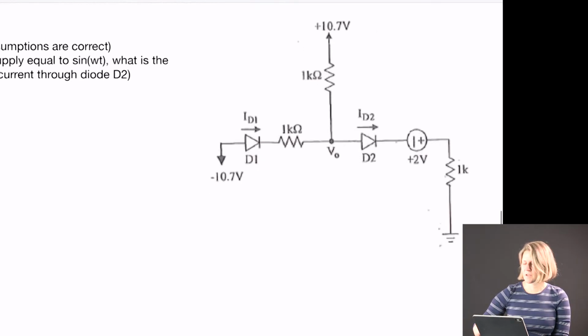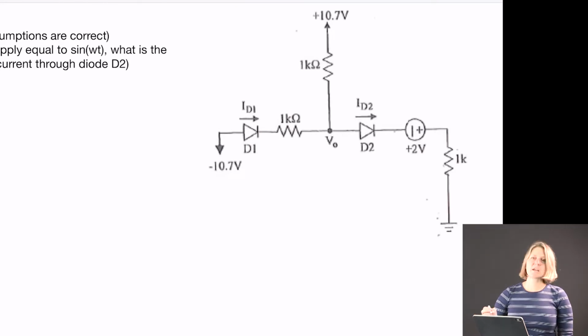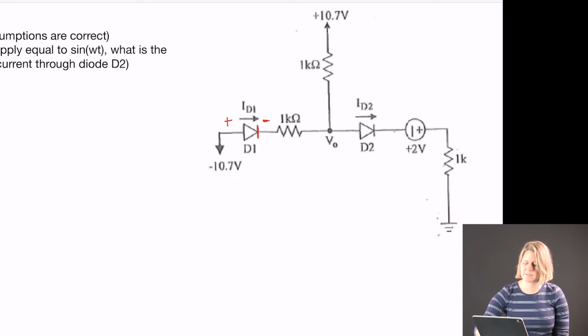So to make an assumption of which way they're on or off, you're going to first look at the voltages without assuming any current flow. So for example, remember that the diode, that line on this side, is always the negative side of the diode. So the orientation of that would be the plus to minus.